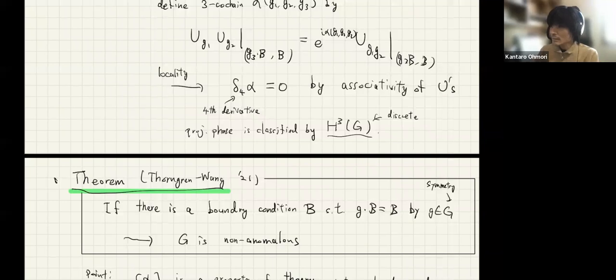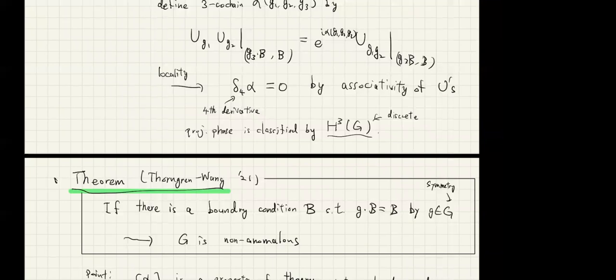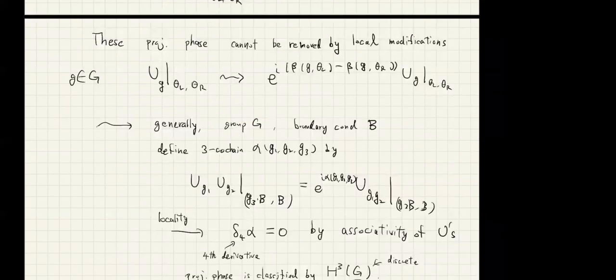Yes. But here, in the equation appearing here, this alpha plays the same role as the classification of the violation of associativity, by introducing the boundary conditions. So is this operation possible for higher dimensions as well?